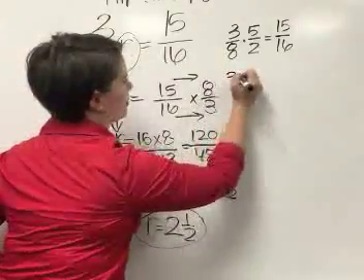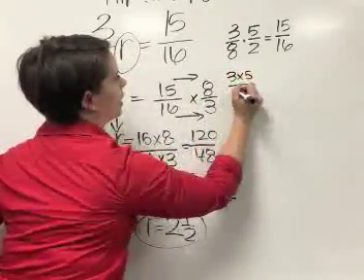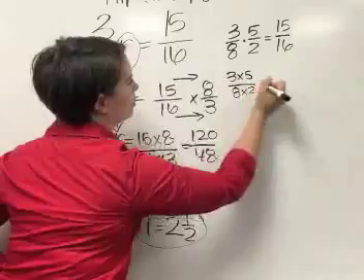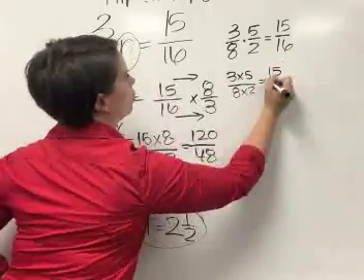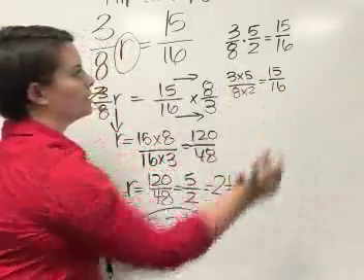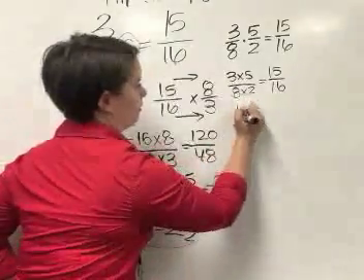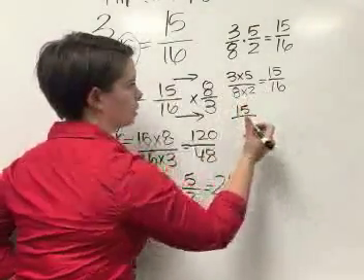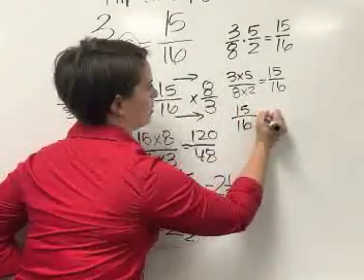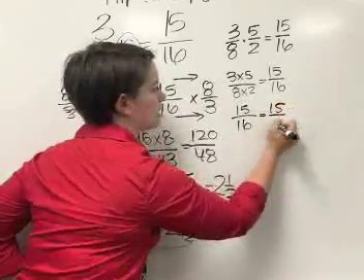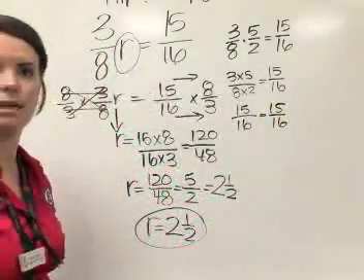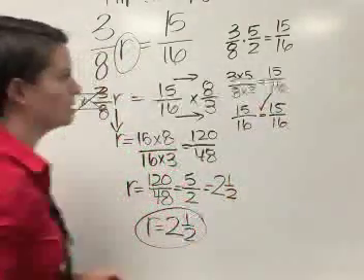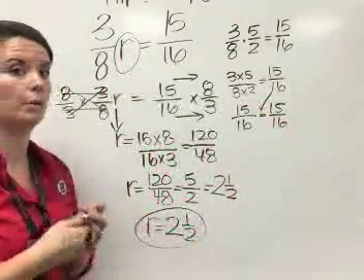So 3 times 5 over 8 times 2 must equal 15 over 16. Well, what's 3 times 5? 15. And what is 8 times 2? 16. Does 15 over 16 equal 15 over 16? Absolutely it does. It is true on both sides.